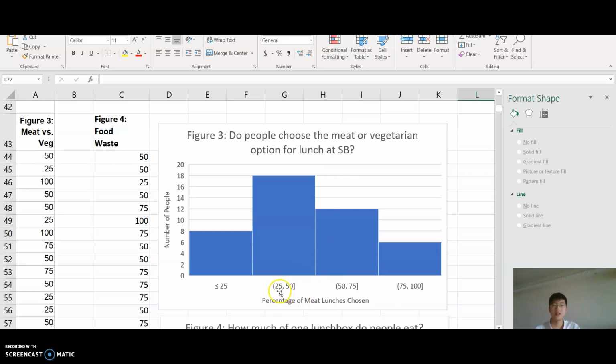You can see that there's quite a lot of people that are kind of in the middle, 50-50. But most people are actually still getting meat lunches, and not a lot of people are getting more vegetarian lunches. So that's something that you can see in this graph.